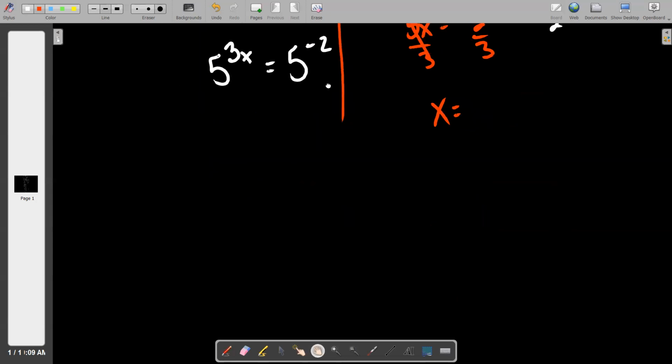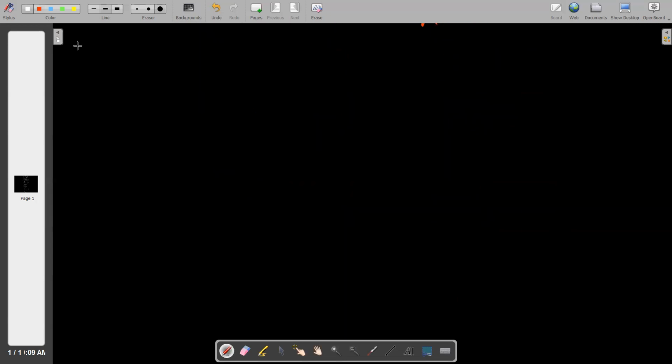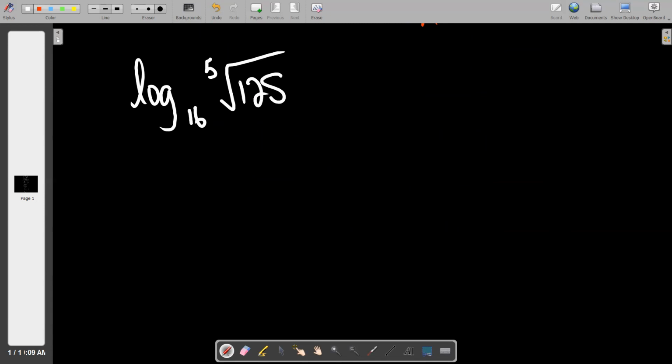The last one I had for level 2 is log base 16 of the 5th root of 128.